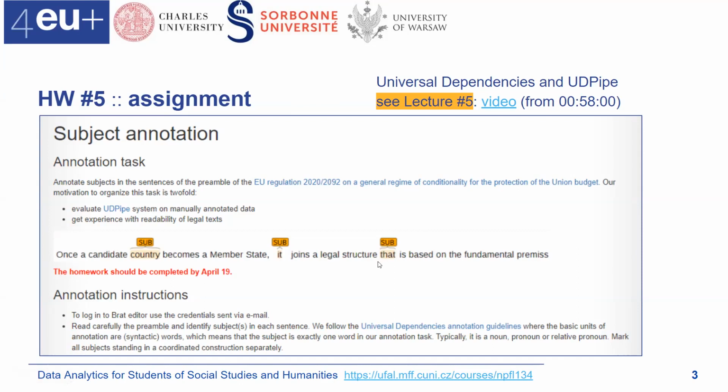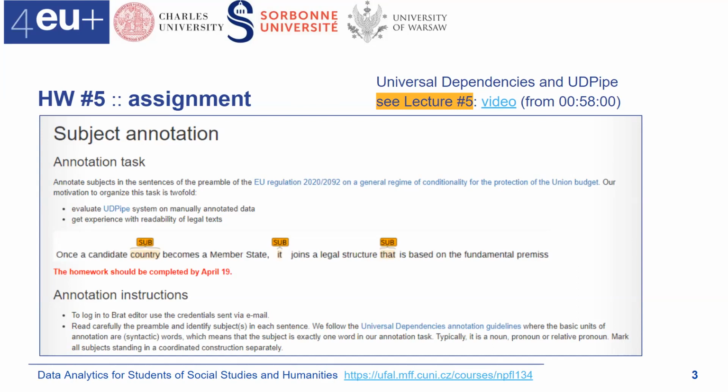We selected the brat editor to do the annotation, and the instruction was to read carefully. We just focus on the preamble of the regulation. So read it carefully, sentence by sentence, and identify subjects in each sentence. In this task, we follow the Universal Dependencies Annotation Guidelines.